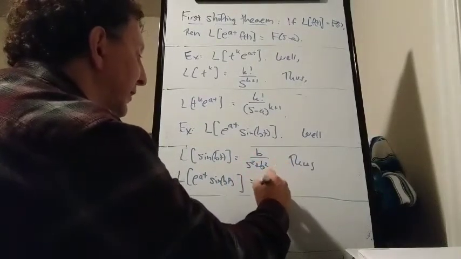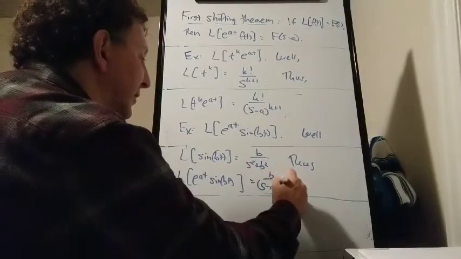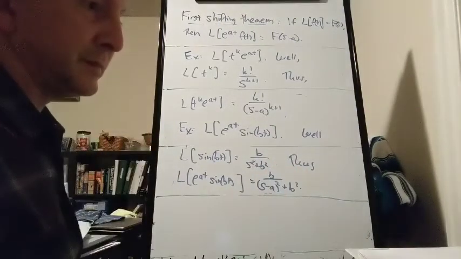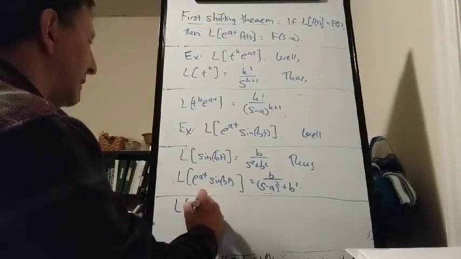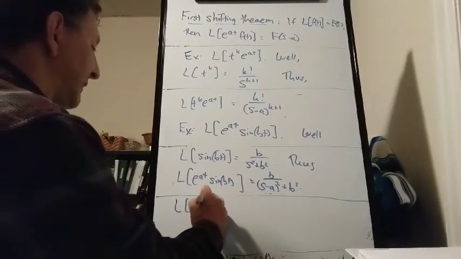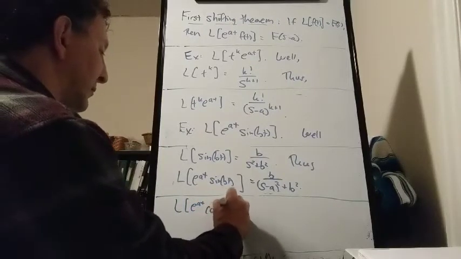So we have b over s minus a squared plus b squared. And what if we wanted the Laplace transform of e to the at cosine bt?